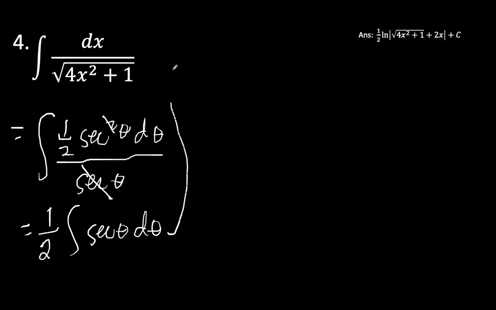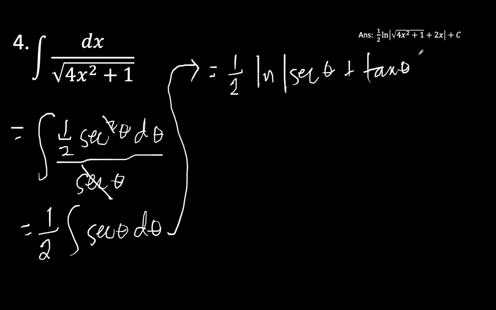To find the integral of secant theta with respect to theta, we need to remember a direct formula. As we knew, the integral of secant theta is equal to the natural logarithm of secant theta plus tangent theta plus c, right?